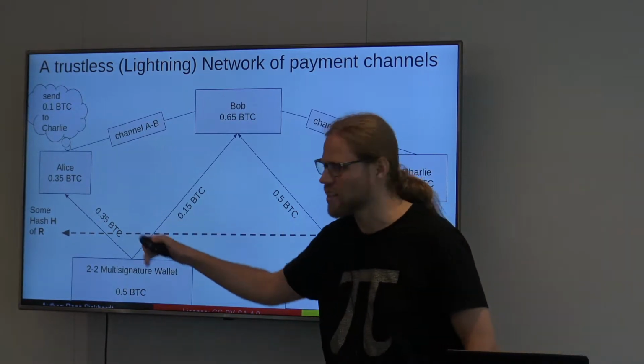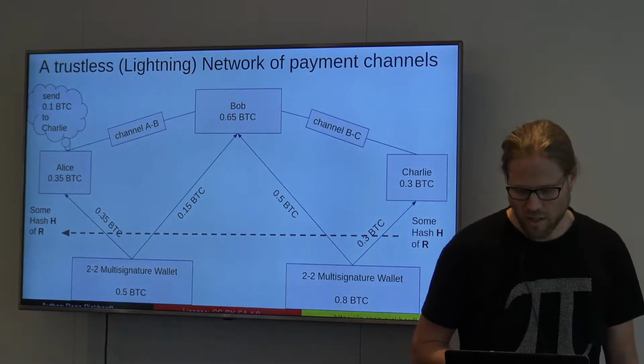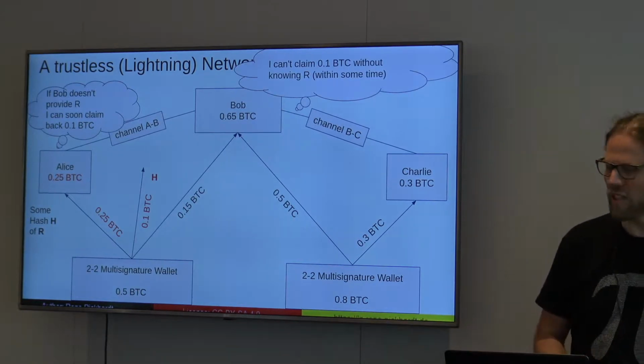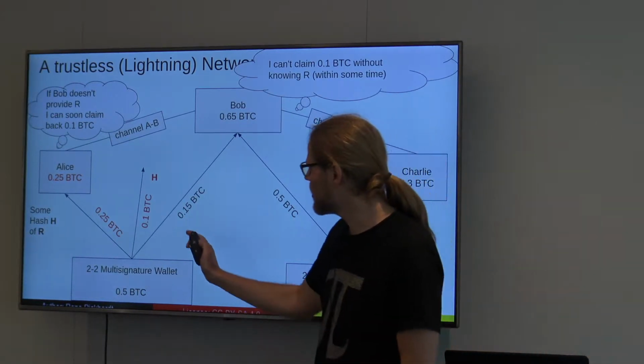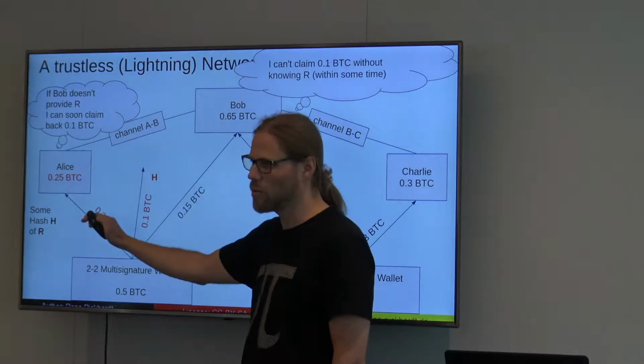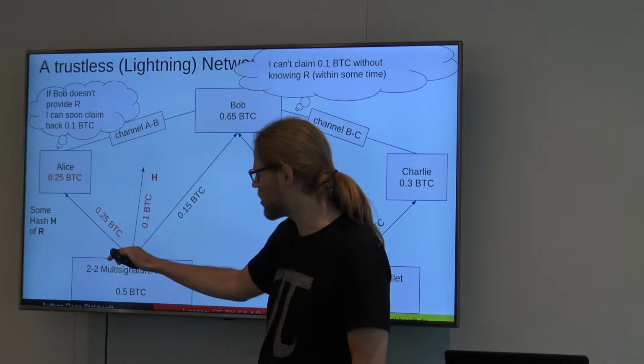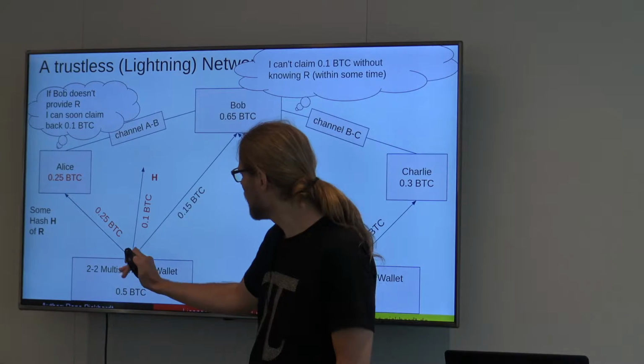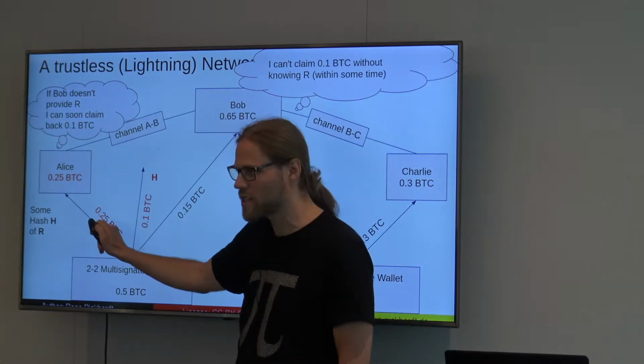So this is being sent over via an invoice, and what Alice now does is change the outputs in this commitment transaction that spends from this multi-signature wallet. You see she already removed some of her balance.